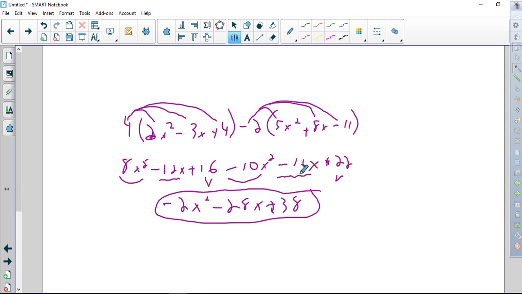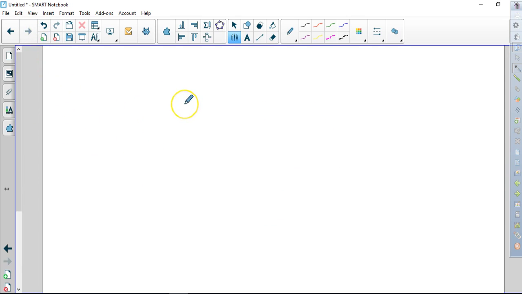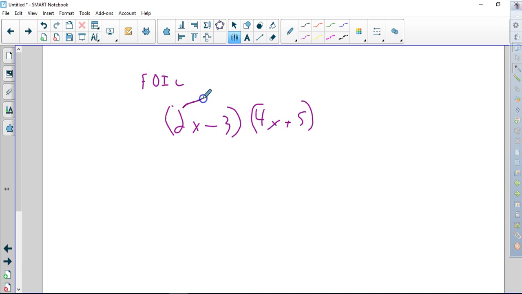Okay, next we have the idea of multiplying polynomials. When it's 2 by 2, we have the acronym FOIL. And that stands for first, outer, inner, last. So if I have 2x minus 3 times 4x plus 5, I'm going to do the first times the first, which again is 8x.